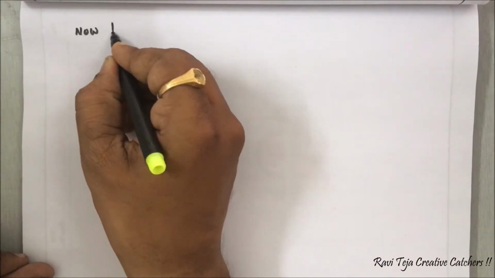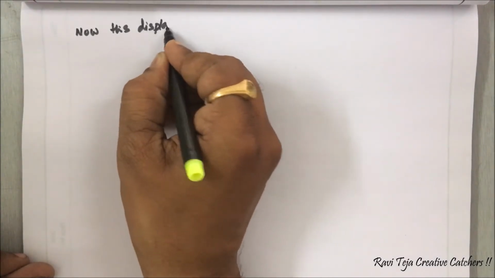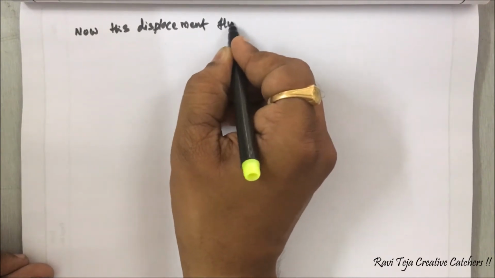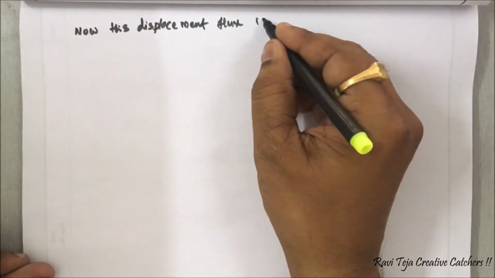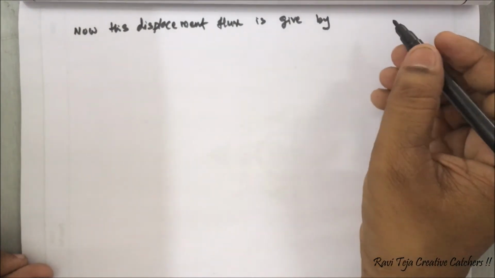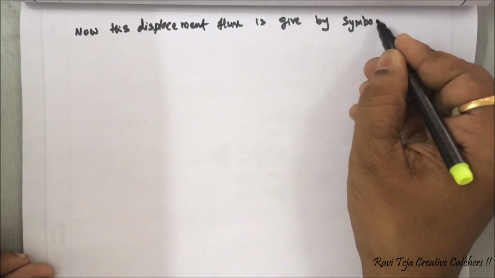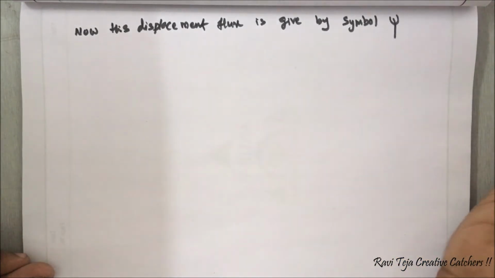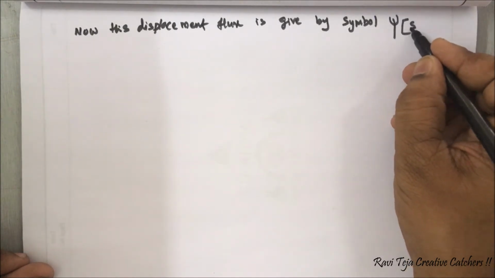Now this displacement flux is given by the symbol psi, like this. You can pronounce it as psi.